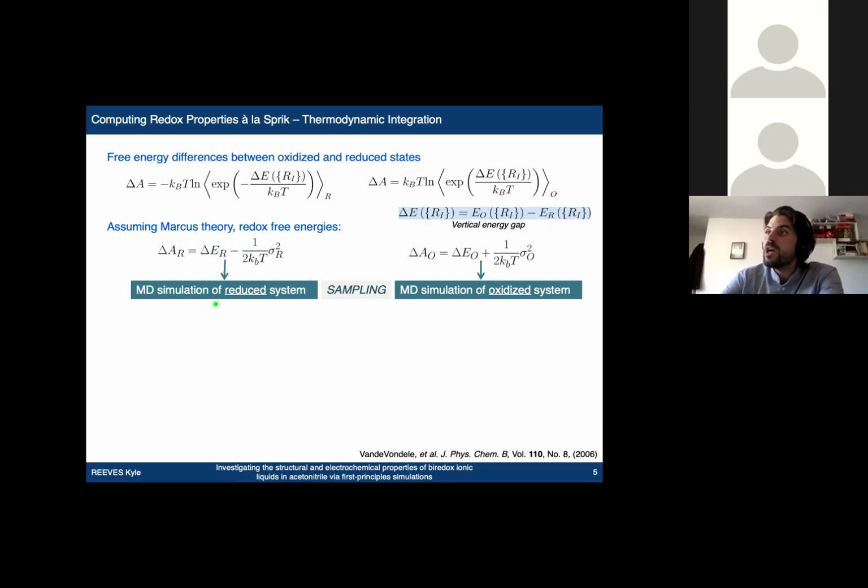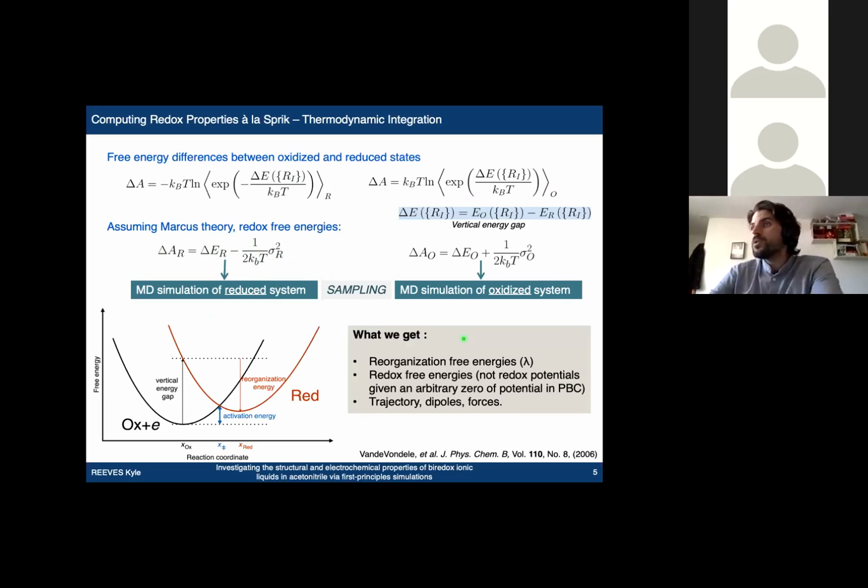We run our MD simulations, we can sample from all of the structures throughout the 20 picoseconds that we recover, and then compute what the average value of this vertical energy gap should be, and also compute the fluctuations in those energy gaps to come up with some free energy. So that's how we're going to approach this and use our thermodynamic integration mechanism to get information about the electron dynamics themselves. Once we have these values of free energies, we can ultimately use them to construct these free energy wells, which give descriptions of how energy changes given some reaction coordinate, for example, the oxidized surface and the reduced species.